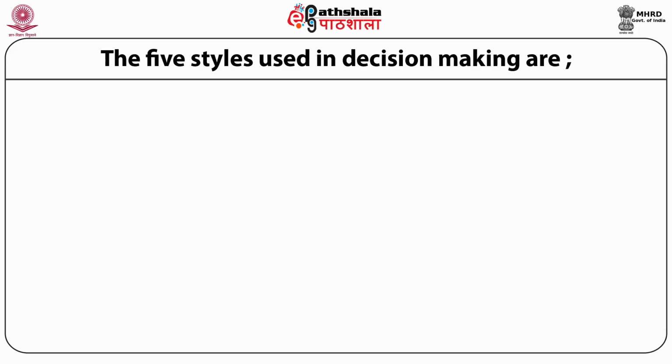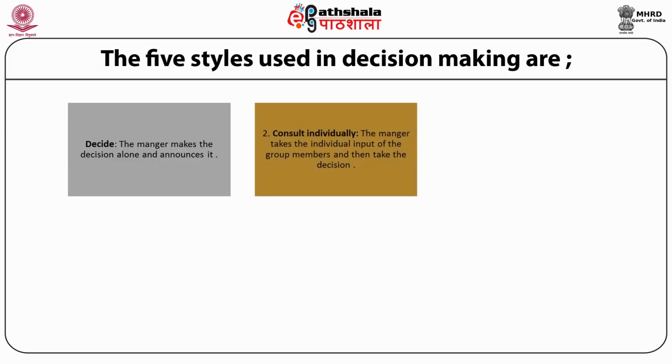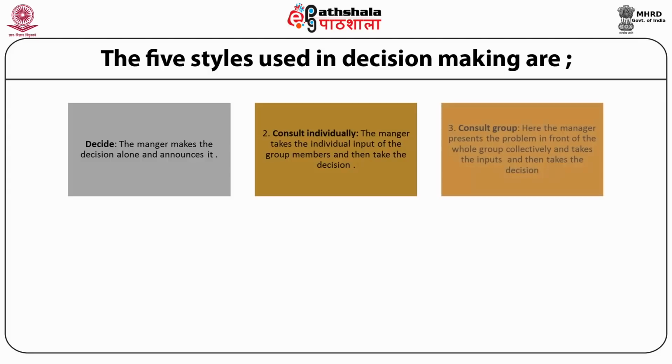The 5 styles used in decision making are: 1. Decide. The manager makes the decision alone and announces it. 2. Consult individually. The manager takes the individual input of the group members and then takes the decision. 3. Consult the group. Here the manager presents the problem in front of the whole group collectively, takes the inputs and then takes the decision. 4th, facilitate.